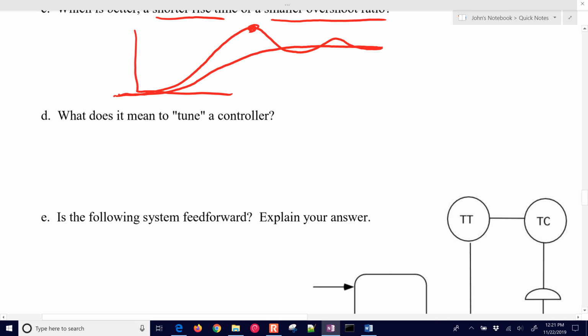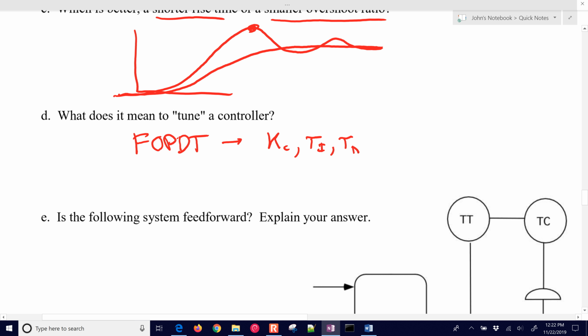What does it mean to tune a controller? So we often start with a first order plus dead time system, and then that gives us our controller tuning parameters.